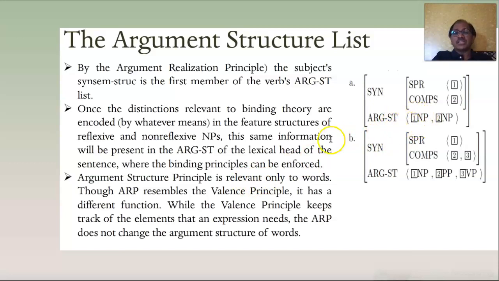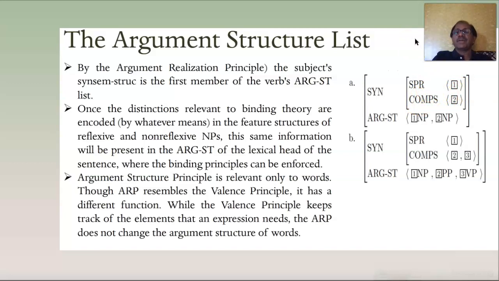ARP is like the valence principle, but it's not the same. Valence principle basically keeps track of the elements that an expression needs. So suppose a verb has a specifier and a comps. When the verb attaches to a comps, the comps list becomes empty.